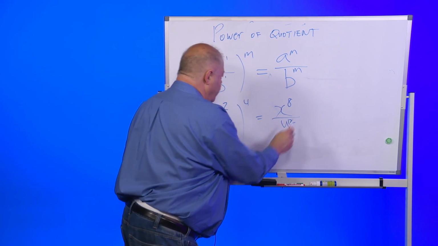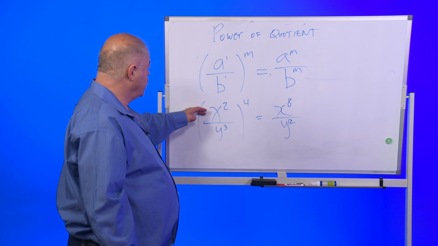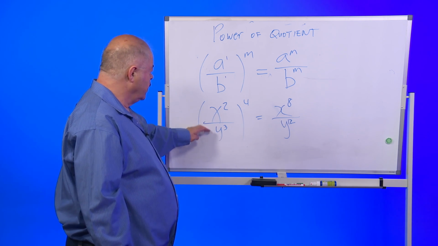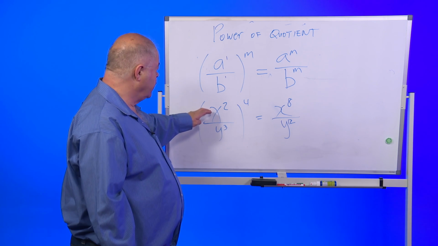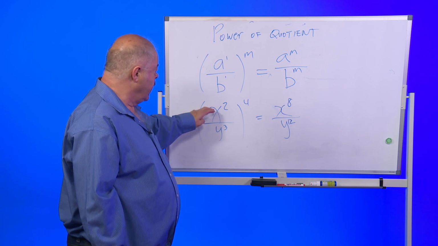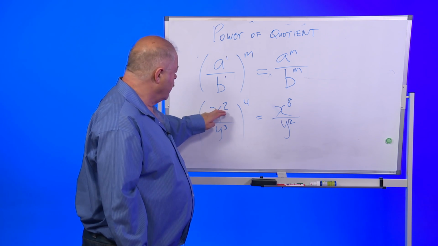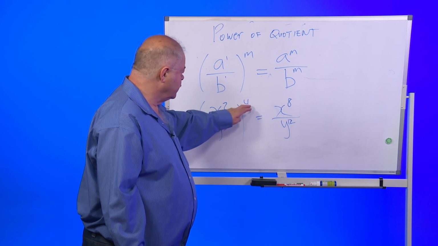Y to the 12. So this is when you have a quotient, meaning one divided by another, and it doesn't matter if they're the same bases or not for this rule, and then you multiply the exponent of each.